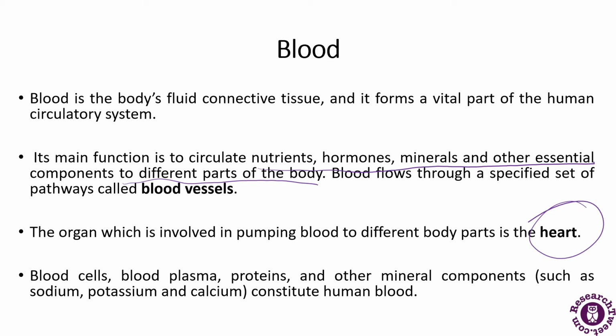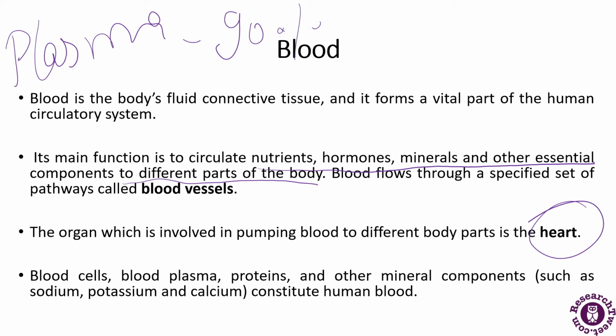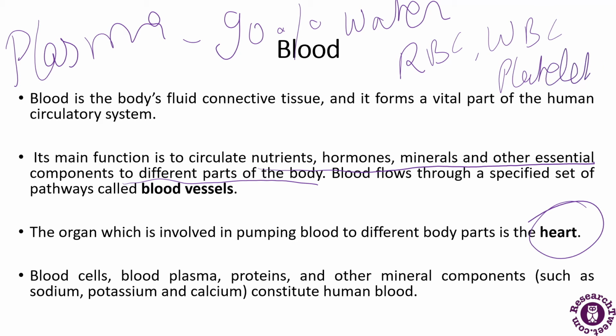Blood is composed of plasma, the fluid part of the blood, and plasma is composed of 90% water. The blood is also composed of RBCs, WBCs, and platelets. These are some of the components of the blood.